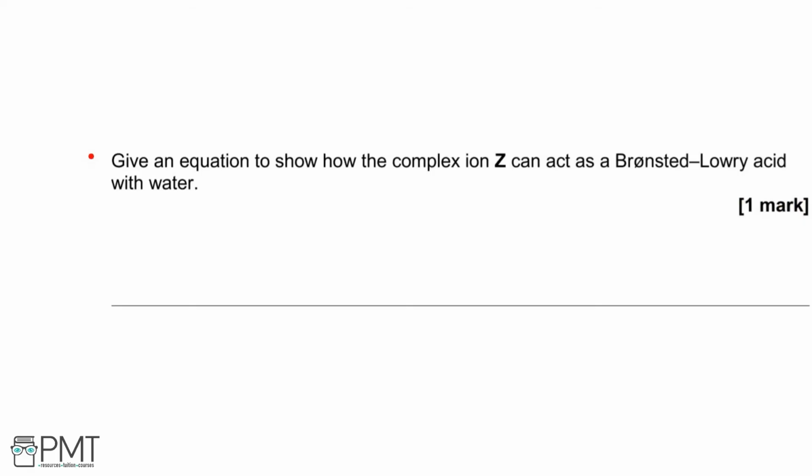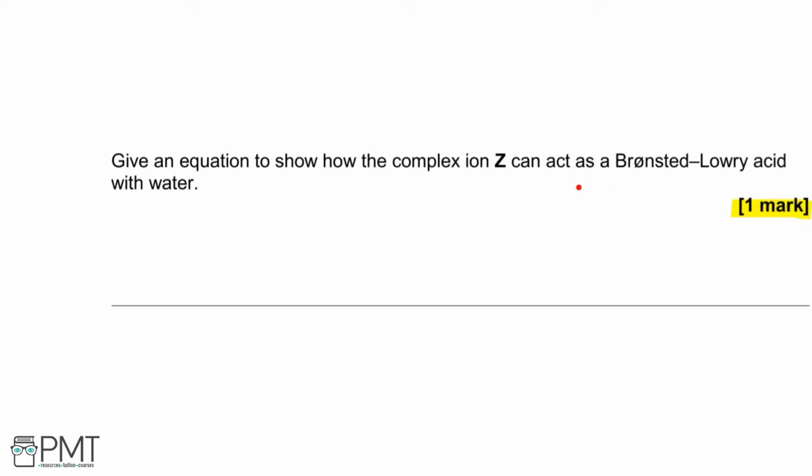Give an equation to show how the complex ion Z can act as a Bronsted-Lowry acid with water. This question is worth 1 mark. So the definition of a Bronsted-Lowry acid is that it is donating a proton.